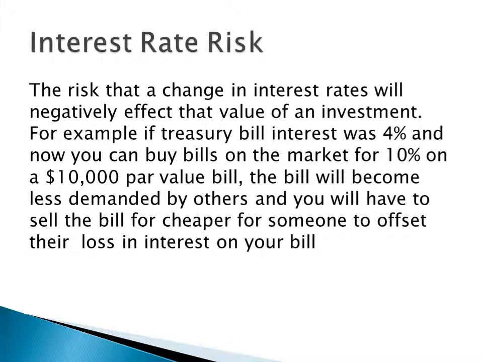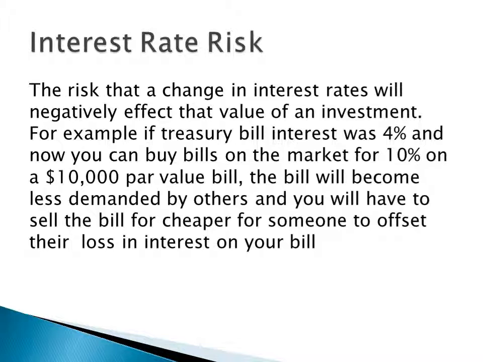The second type of risk is interest rate risk. This is the risk that interest rates will change on the market. A prime example would be a treasury bill that initially has 4% interest on it. Within a few months, the market's now offering treasury bills with 10% interest rates on it.